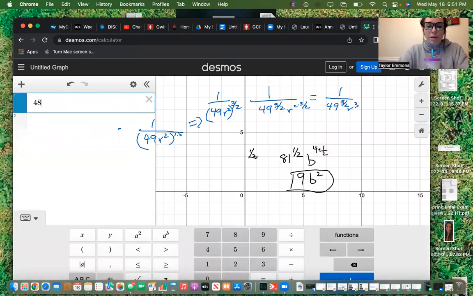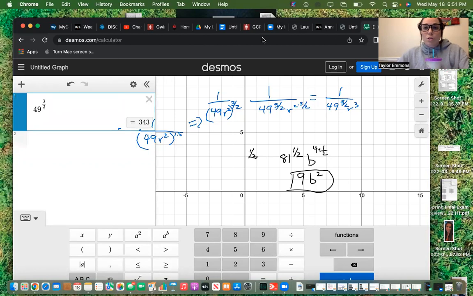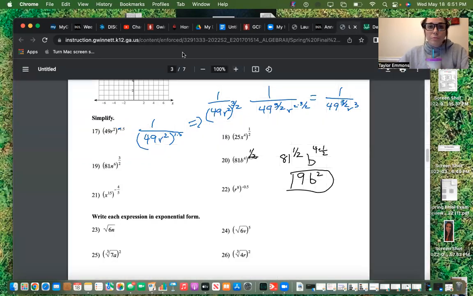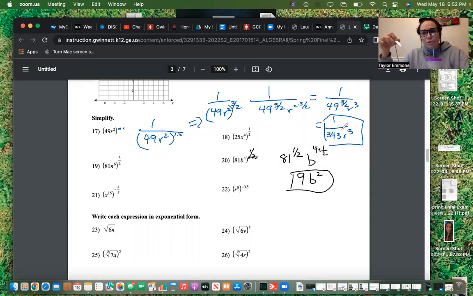I think it's 343. Dang, I'm good. Sometimes I amaze myself. So this final answer will be 1/343 r raised to the 3rd power. Again, I used the negative exponent rules, and then the power to a power rule.